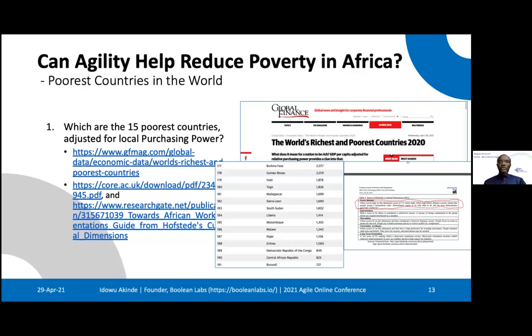So that means we can use an average as a measure of central tendency. It's representative of the data set. So we can say averagely, it won't be too far to the left or to the right. It won't deviate too much from the average, but we can say that by and large, for all intents and purposes, at least for this discussion, we can use 71, right? And the higher you go on the PDI, the less agile, or the less tendency for agility that you have.